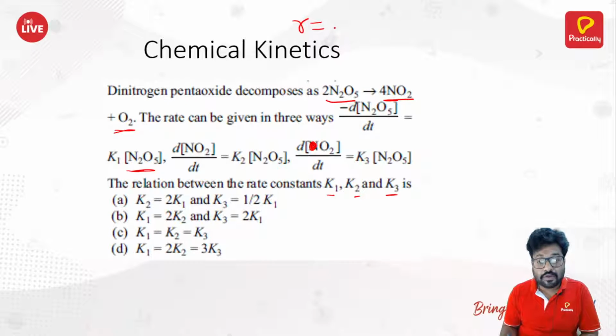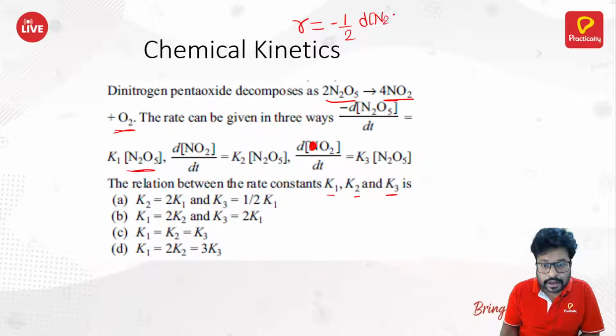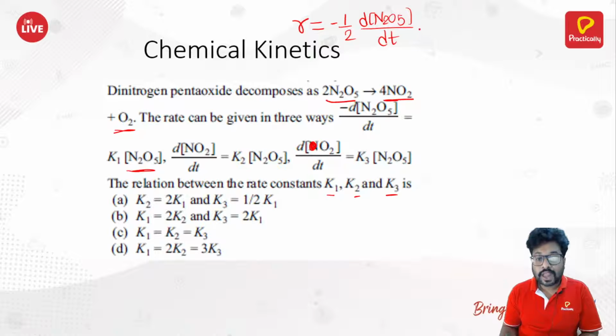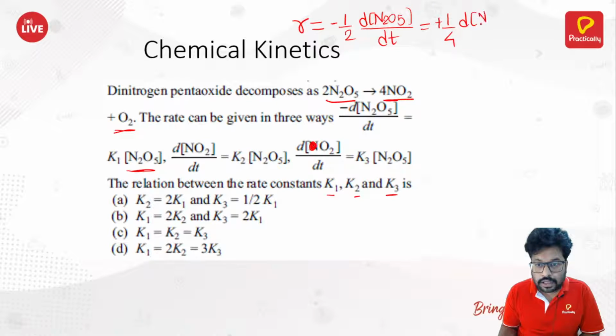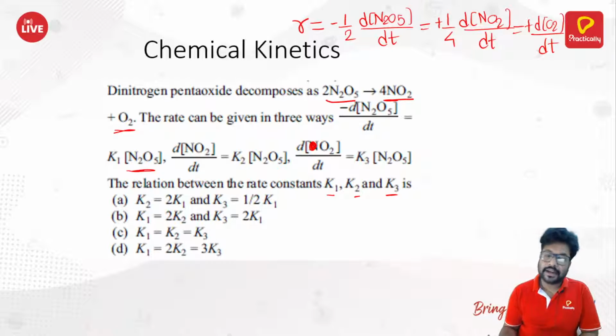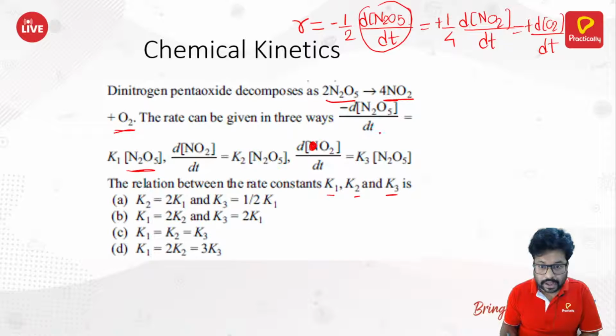So rate in terms of N2O5 is equal to minus 1 by 2 d[N2O5]/dt, then is equal to plus 1 by 4 change in concentration of NO2 divided by dt, is equal to plus change in concentration of O2 divided by dt. Now d[N2O5]/dt is given as K1[N2O5].